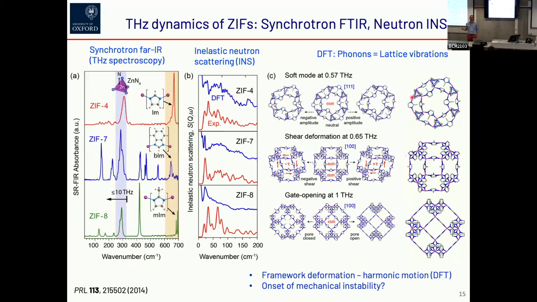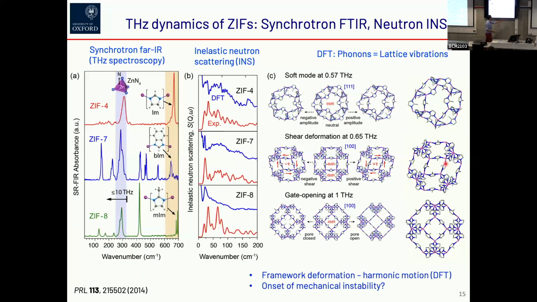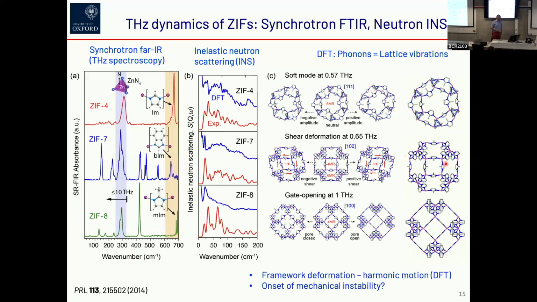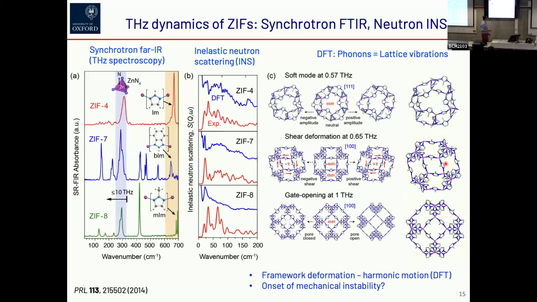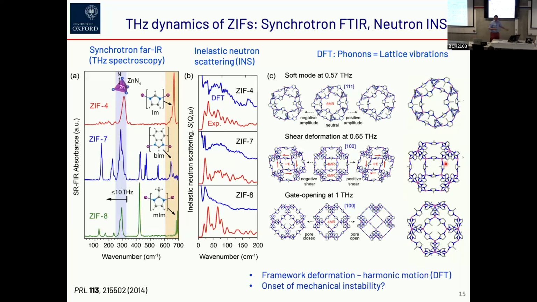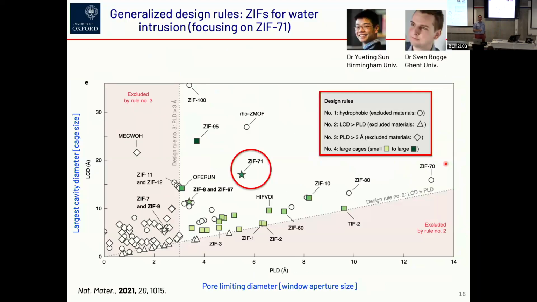These could be associated with soft modes, shearing, and in particular these ones which we call the gate opening, particularly relevant when you try to intrude stuff through the passages. The windows, when they are closed, are narrow, but there are soft modes or this gate opening vibration that could be triggered.